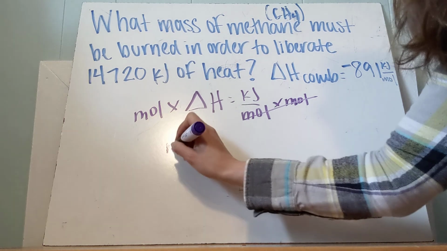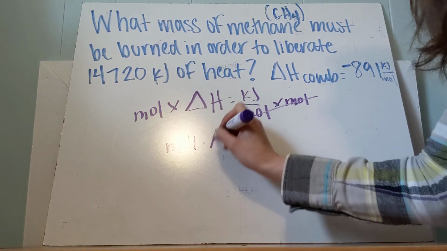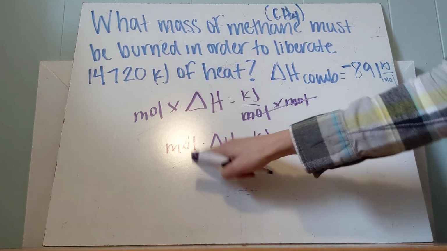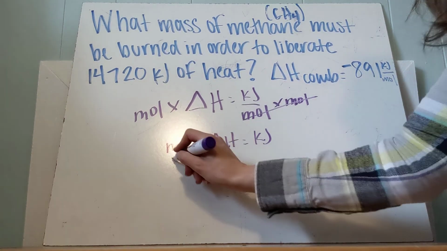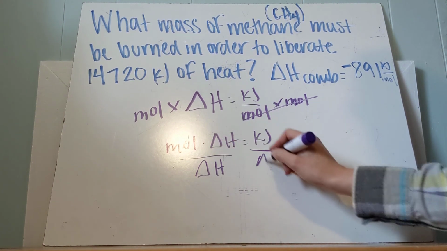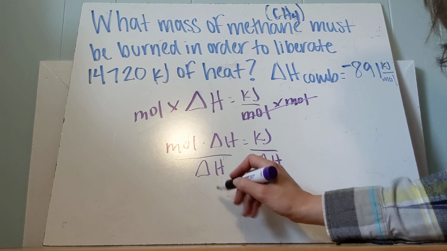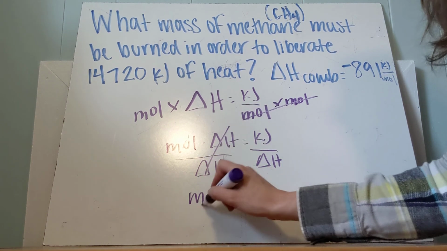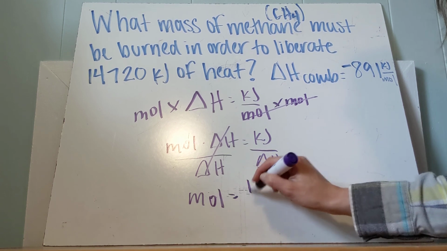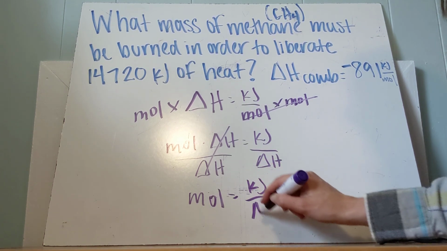So I get moles times delta H equals kilojoules. Moles still isn't by itself though, so I'm going to divide both sides by delta H. And I get moles. So my formula is moles equals kilojoules divided by delta H.